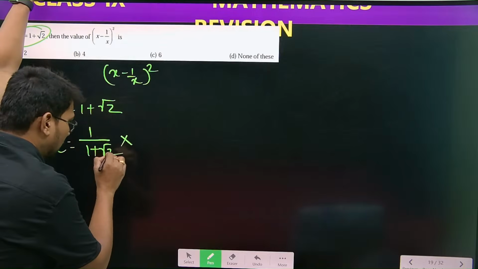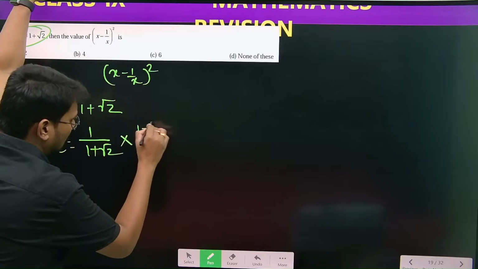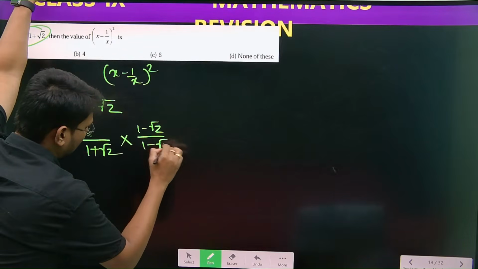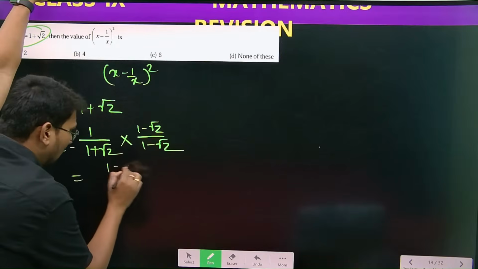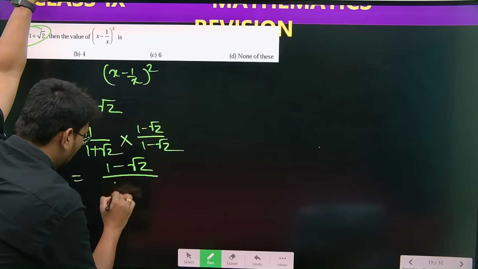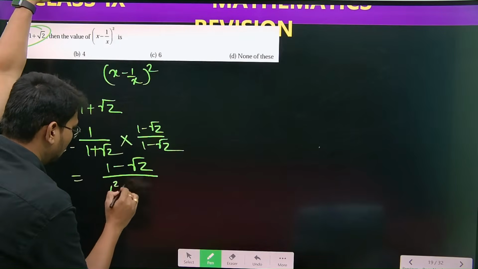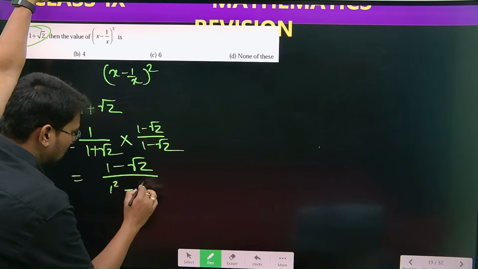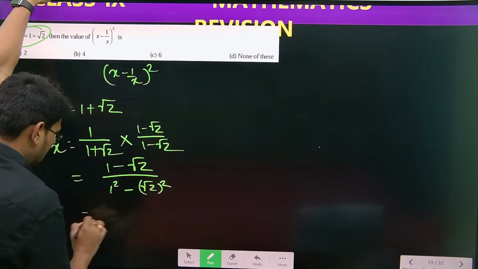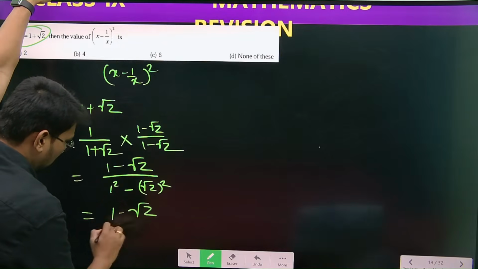Conjugate कौन है? 1 plus root 2 का 1 minus root 2. Multiply कर दो both numerator and denominator. So ये आ जाएगा 1 minus root 2 by 1 square minus root 2 square. That is बच्चों 1 minus root 2 by 1 square.